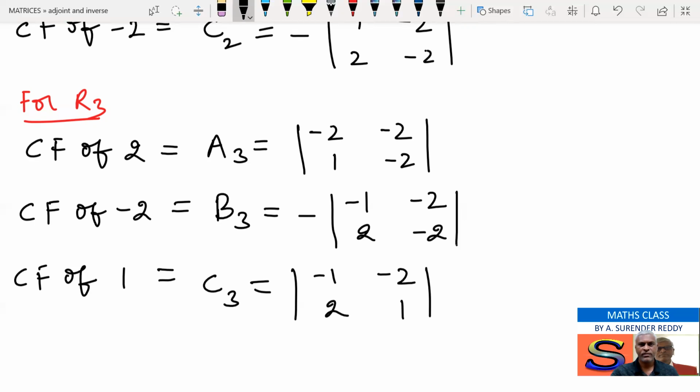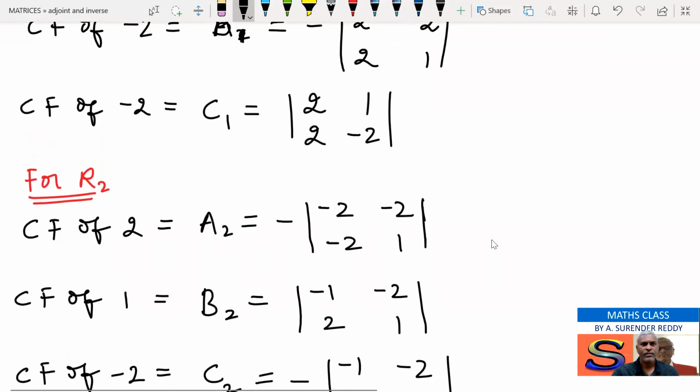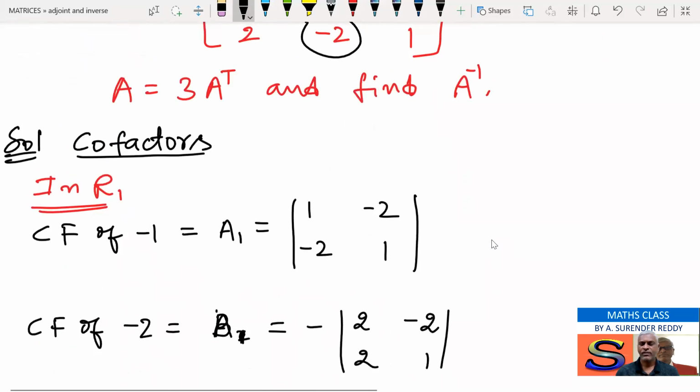Now let us simplify. First, selecting is very important. After selecting the 4 numbers, then simplification is very easy. So 1 into 1, cross multiplication, -2 into -2 is plus 4. 1 minus 4 is -3.